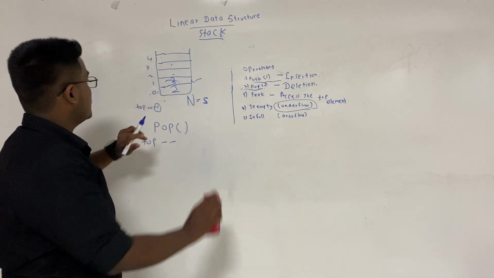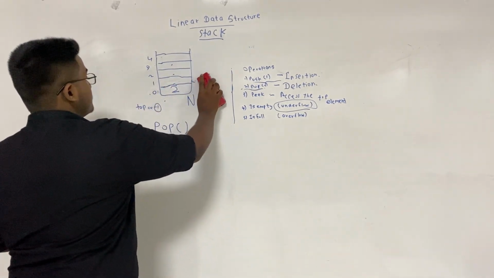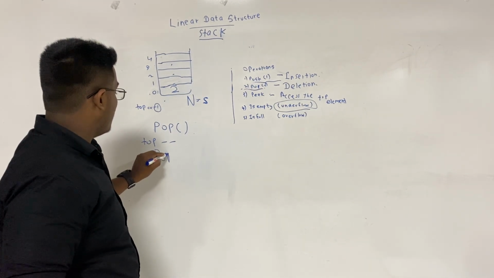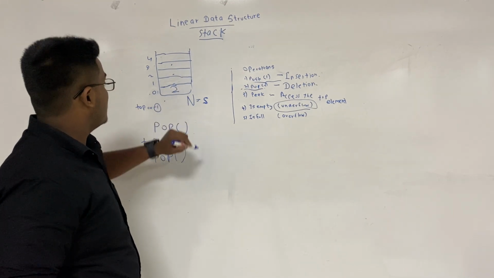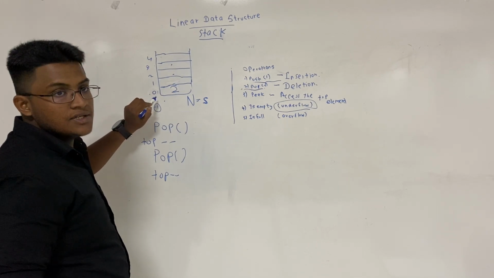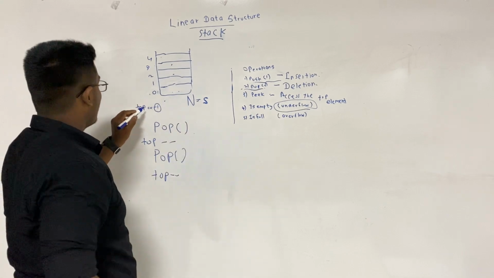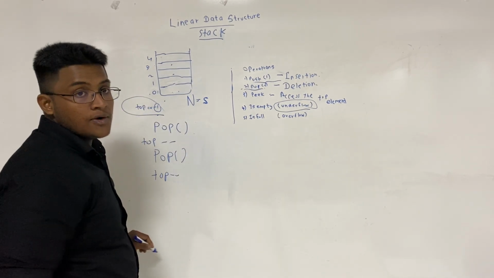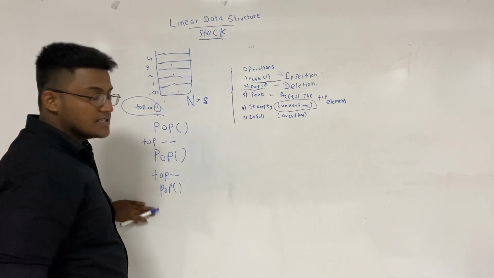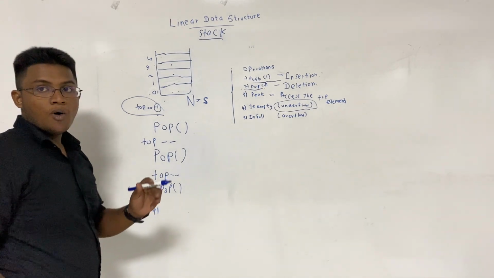Then this 1 becomes 0 and this 3 will be removed. And again I am doing the pop operation. Then again top minus minus. Then this 0 becomes -1. 2 will be removed and this 0 becomes -1. And if we call the pop operation again, what is the condition? The underflow condition will occur.